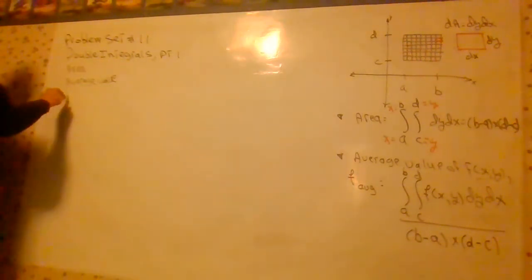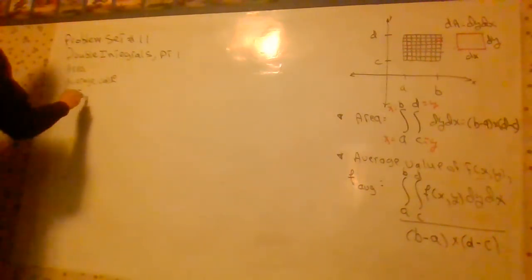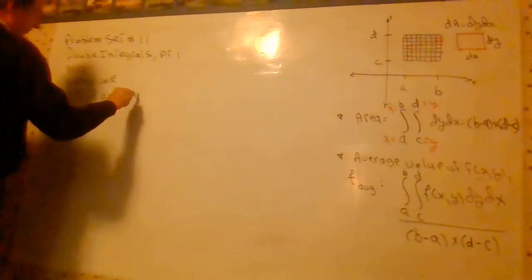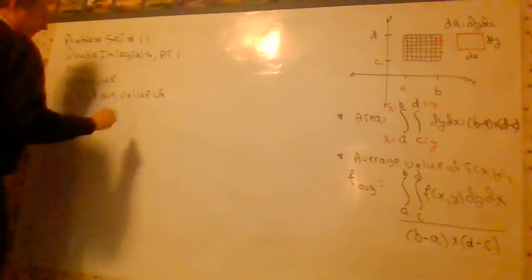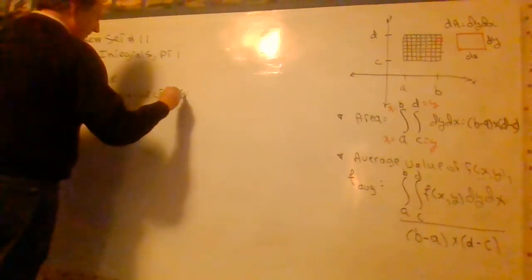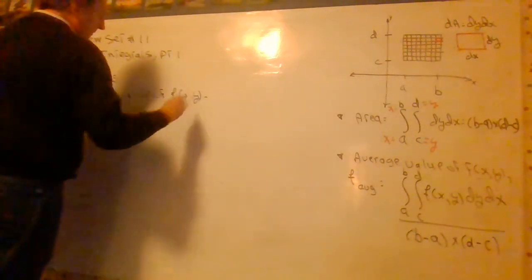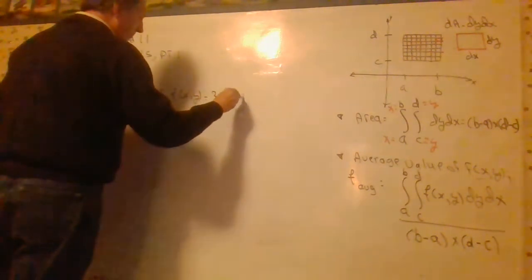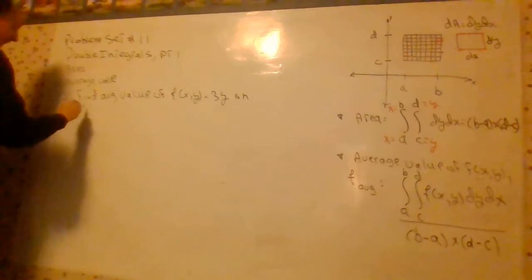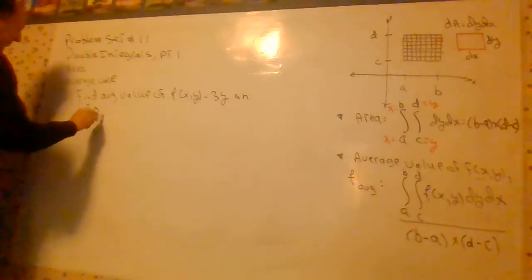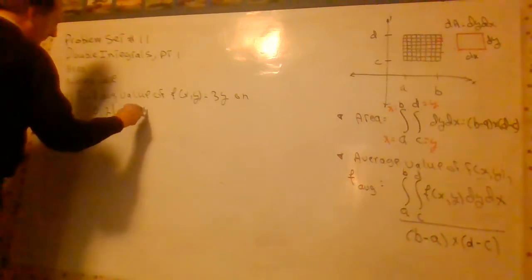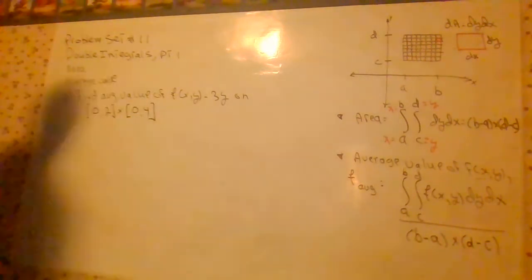Let's suppose we want to find the average value of f of x, y equals 3y on the Cartesian product [0, 2] cross [0, 4].